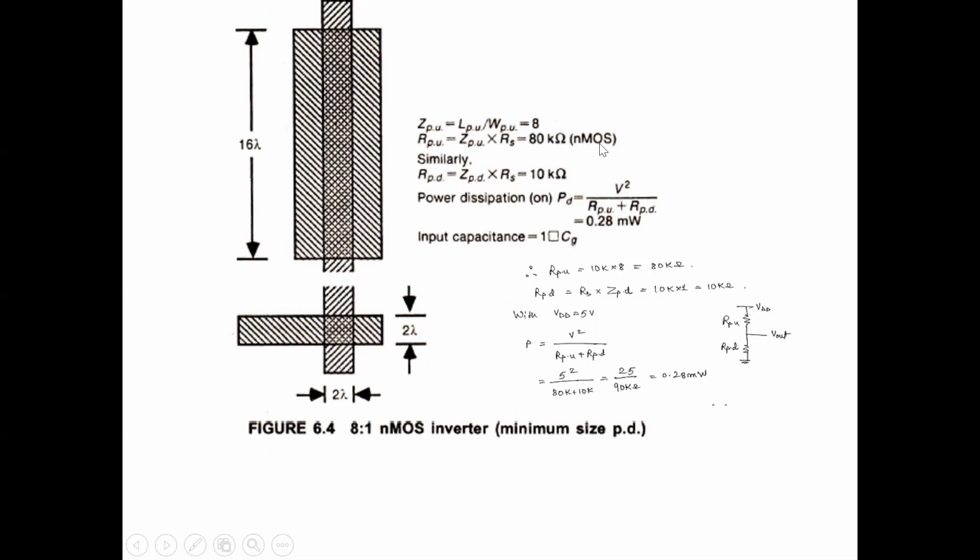Multiplied with 8, you have 80K. Similarly for pull-down, it is 2 lambda by 2 lambda, 1, 1 into 10K will be 10K. And for power dissipation, suppose here V is 5 volt, V square will be 25. When you divide 25 by 90K, 80 plus 10, you get 0.28 milliwatts.